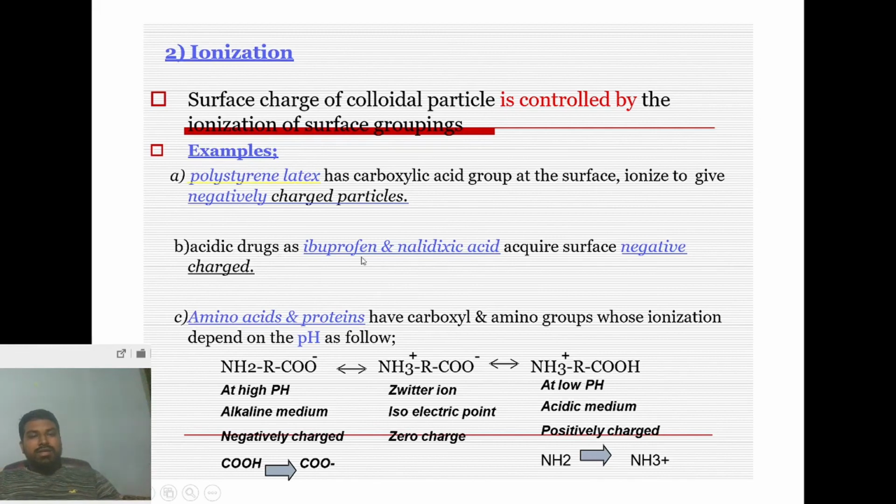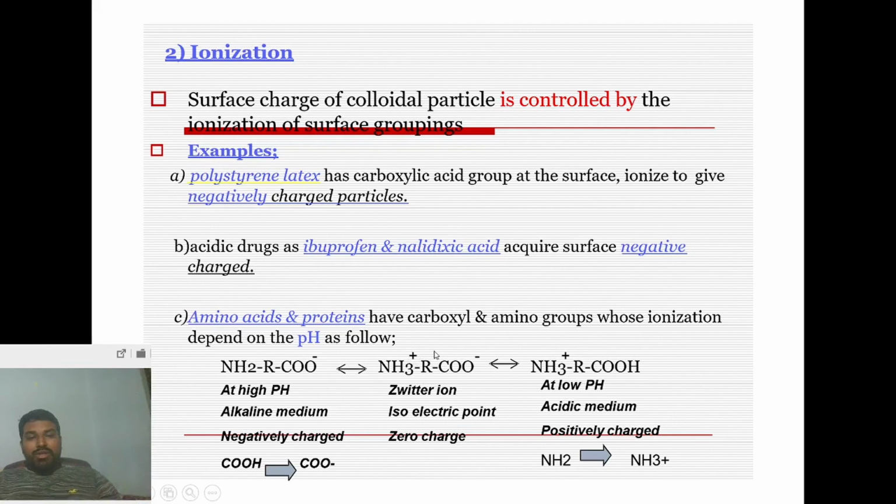Acidic drugs such as ibuprofen and nalidixic acid acquire a negative surface charge. Amino acids and proteins have carboxylic and amino groups whose ionization depends on pH as follows. These are the amino groups. At high pH, alkaline medium, negatively charged. Zwitterion means isoelectric point, zero charge. Why zero charge, and why is it called a zwitterion?